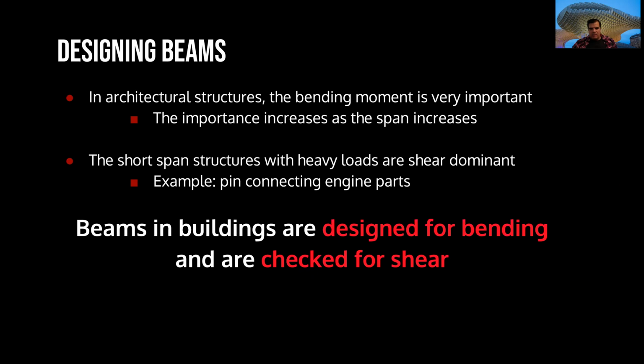For example, when you have a pin that is connecting a part of an engine, this connection is short, so maybe it will not bend, it will just break. Beams in buildings are designed for bending, as I explained in the classes before, but are checked for shear. First, we make sure that the bending is working, and after we look if the shear is working.